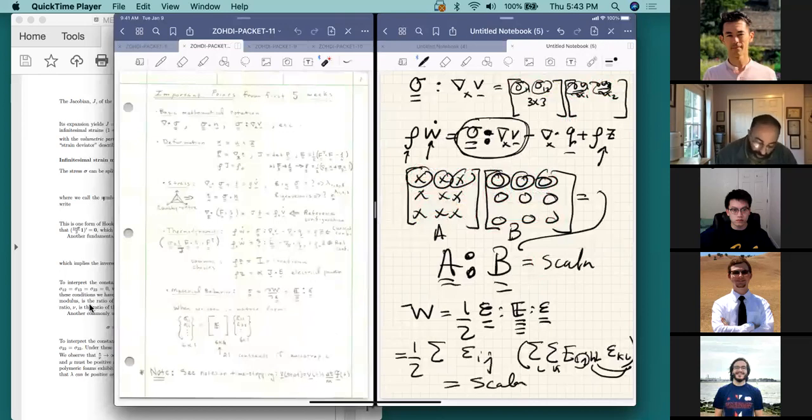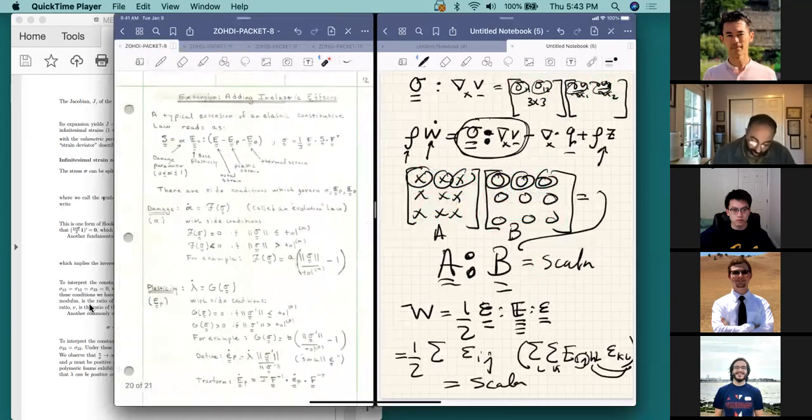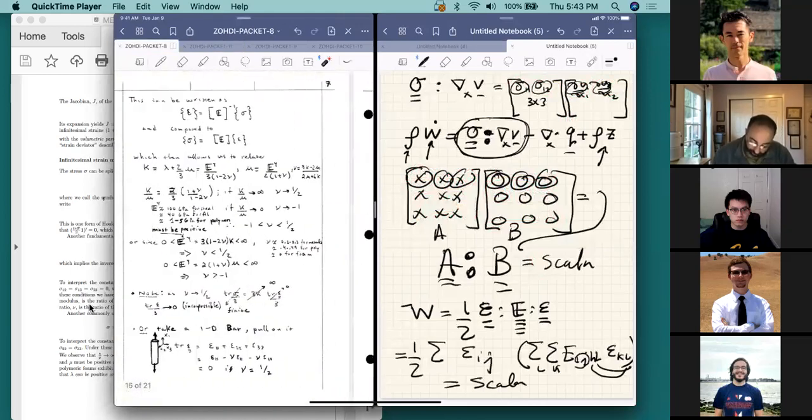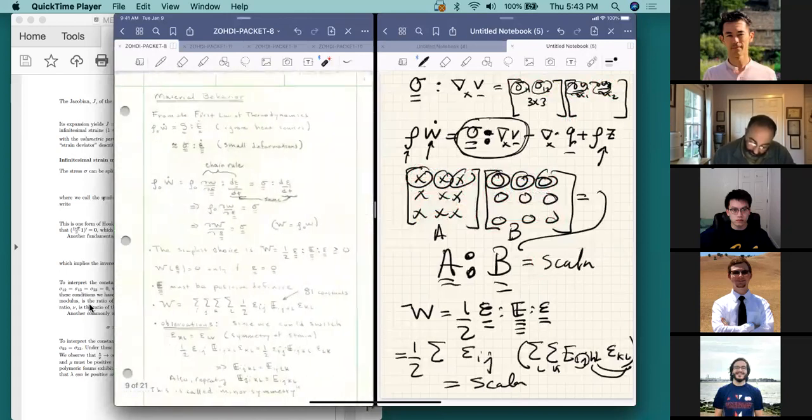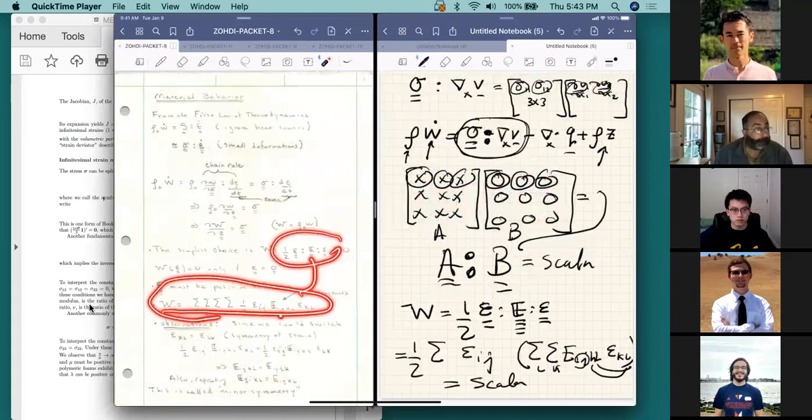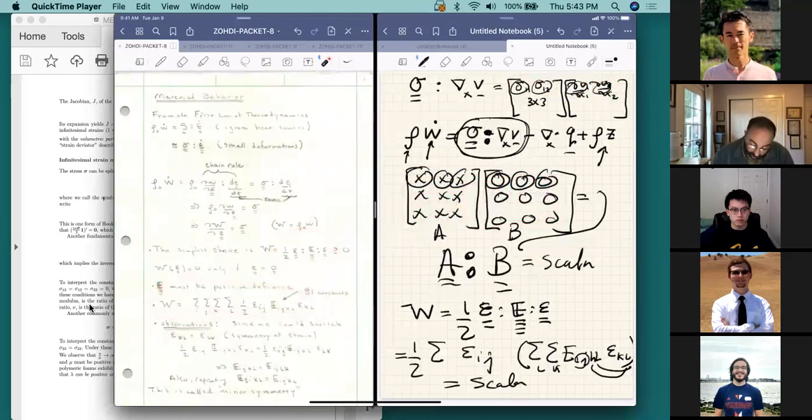In fact, let me go to the notes to show you the neater version of this. It's shown here in the notes. That double contraction is exactly this quantity that appears here. So 4 things are being multiplied. This times this, these are 2.